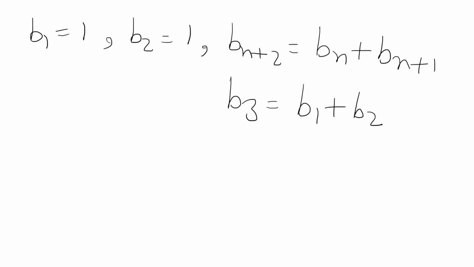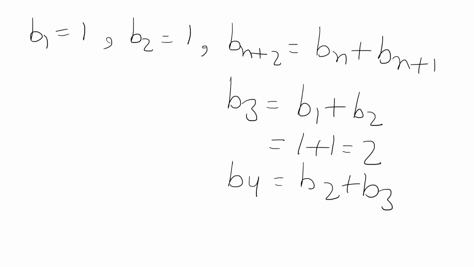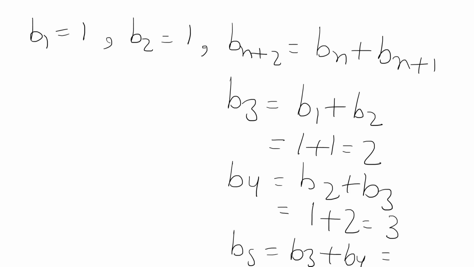So b3 will be b1 plus b2, which is 1 plus 1, which is 2. Similarly, b4 is b2 plus b3, which is 1 plus 2 is equal to 3. Similarly, b5 is b3 plus b4, which will be equal to 2 plus 3, which is 5.